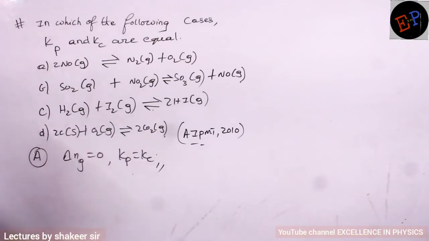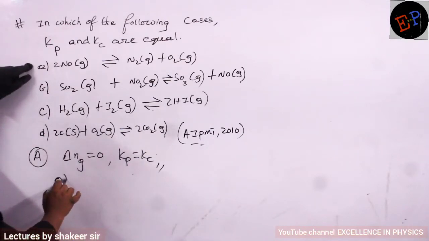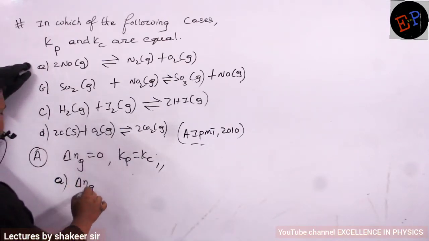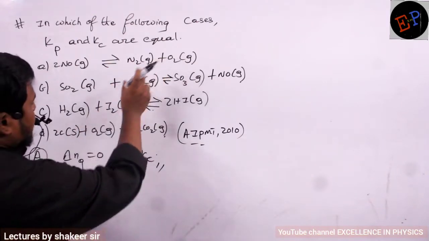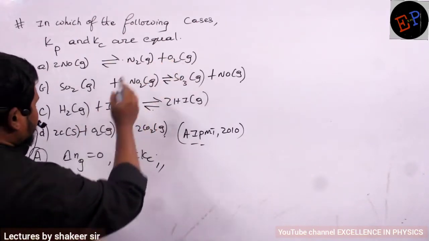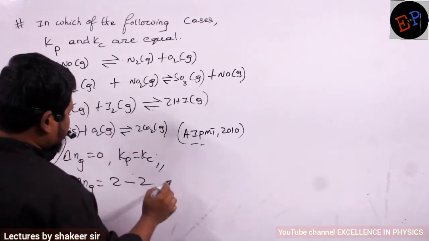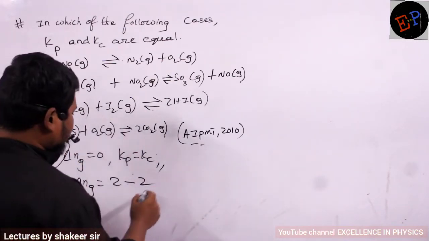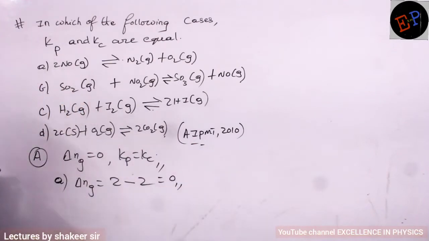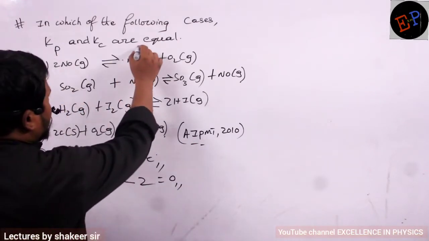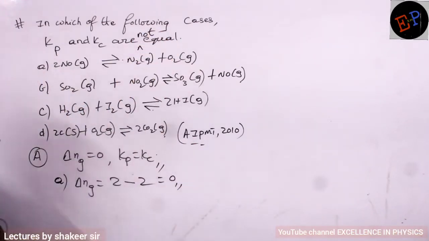Now see the first case. Delta Ng is how much? Number of moles of products: 1 mole of nitrogen, 1 mole of oxygen, so 2, minus 2 moles of nitrogen oxide. Definitely here it is 0, so Kp and Kc are equal.